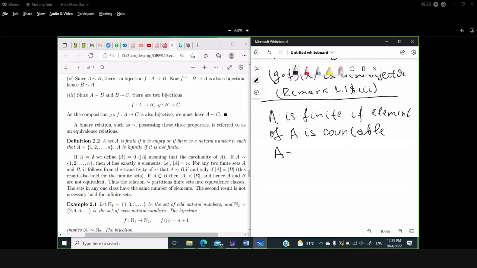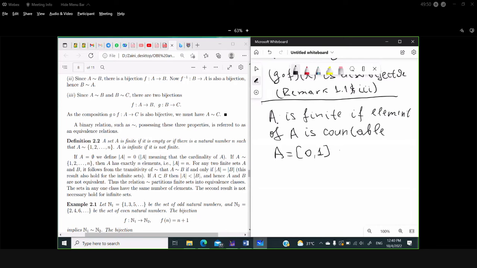For example, if I take this interval 0, 1, is this finite? Look at me: is the 0, 1 interval finite or not finite? Finite. You see. Currently, actually, this one is uncountable.